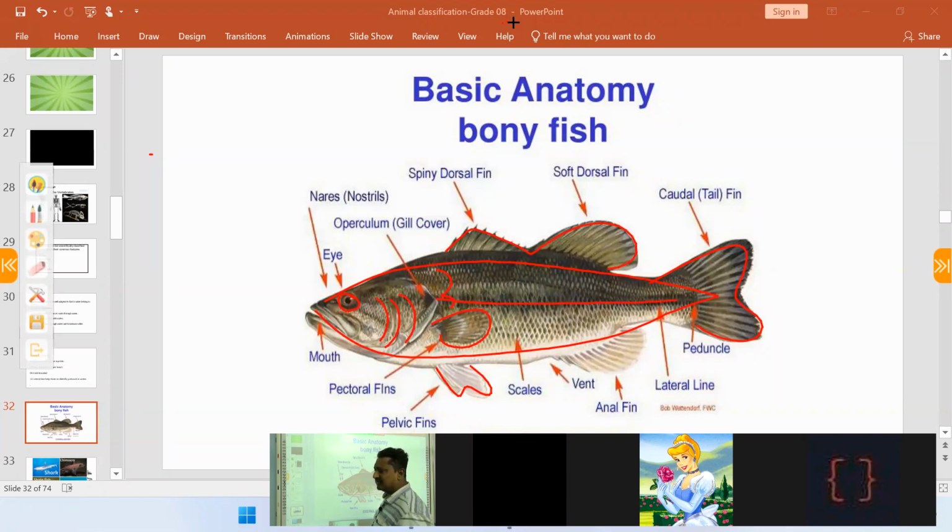All vertebrates are bilaterally symmetrical, but remember there are some fish which are asymmetrical. There's a fish called flatfish. Flatfish lives in the seabed. It is asymmetrical.